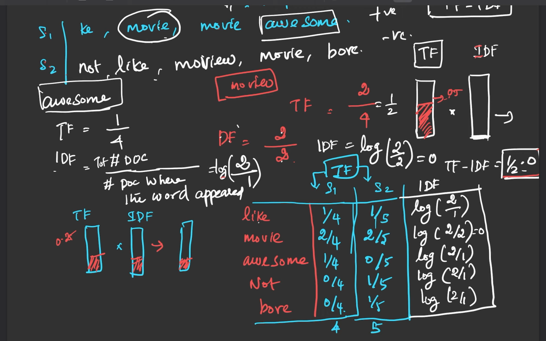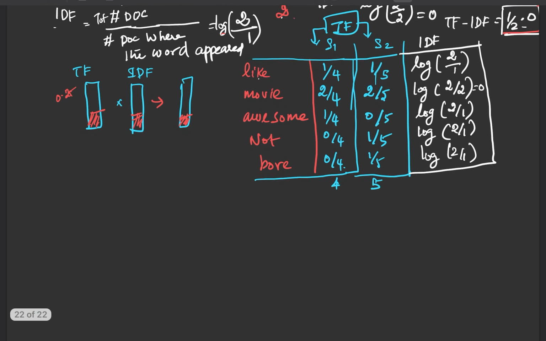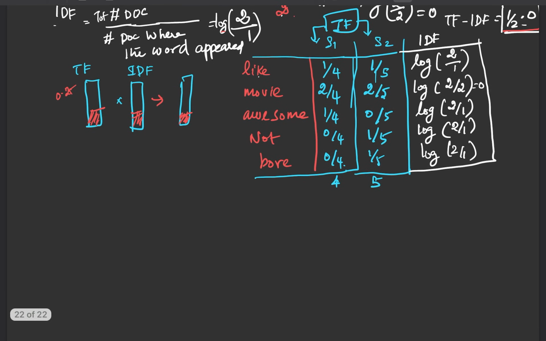Okay. Now we have these numbers, TF and IDF. Then how do we extract the features? For S1 and S2, we can just multiply these two numbers. So I put like, movie, awesome, not, bore.